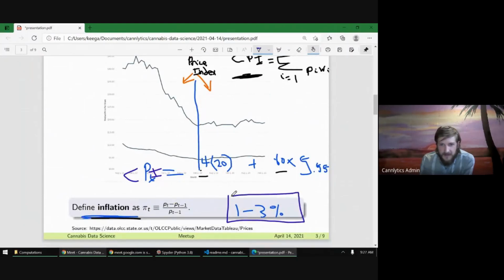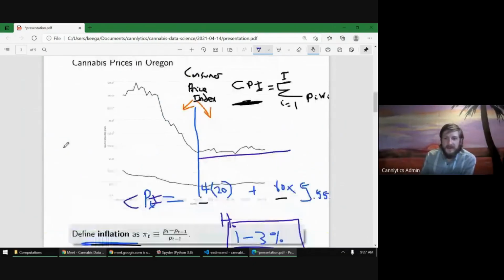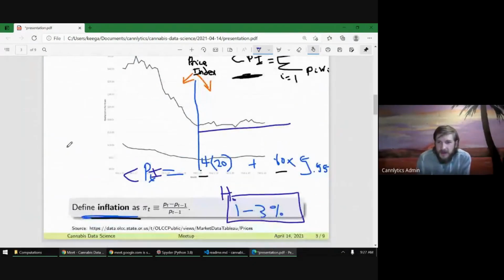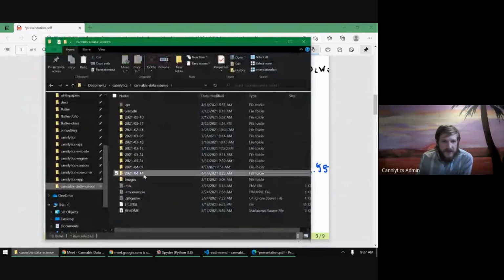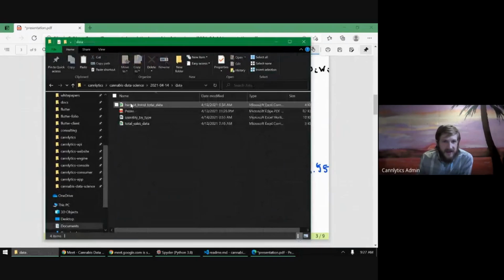And our hypothesis is that it would be 1 to 3%. That's my hypothesis for this time frame. And next week we can actually use this data.